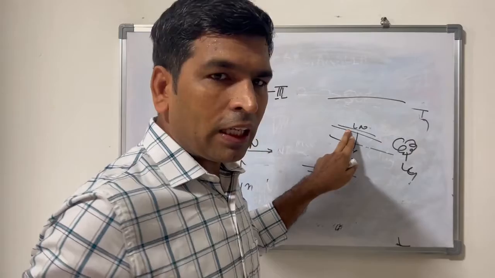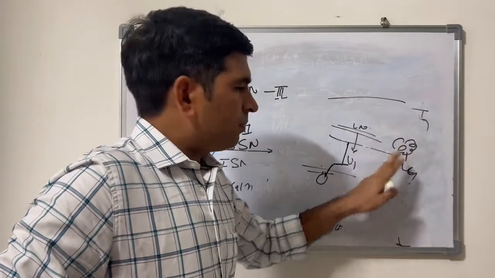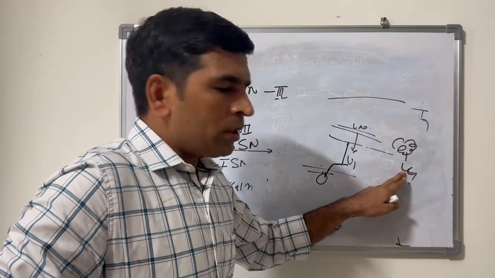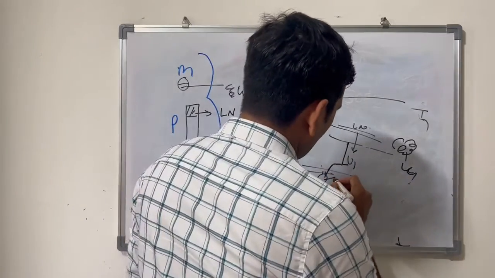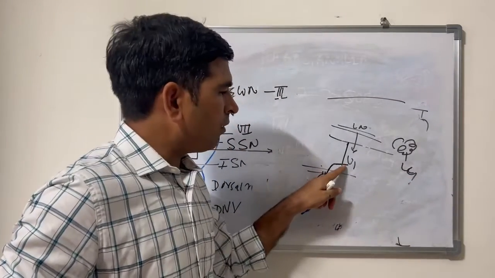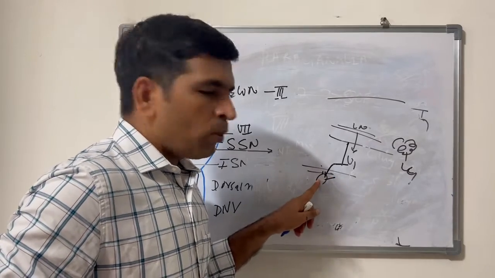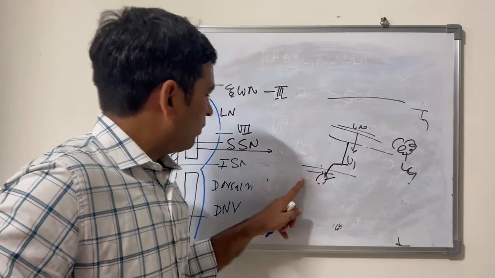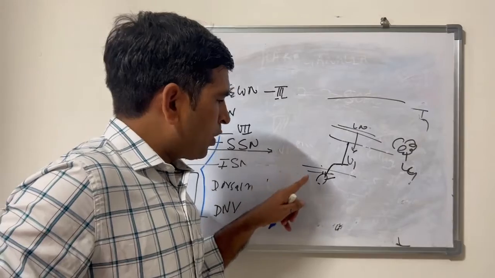And this lacrimal nerve is topographically supplying the lacrimal gland, but the main supply comes through the postganglionic fiber of this ganglia. These are postganglionic fibers of the pterygopalatine ganglia, which supply the lacrimal gland through the preganglionic fiber of the greater superficial petrosal nerve.